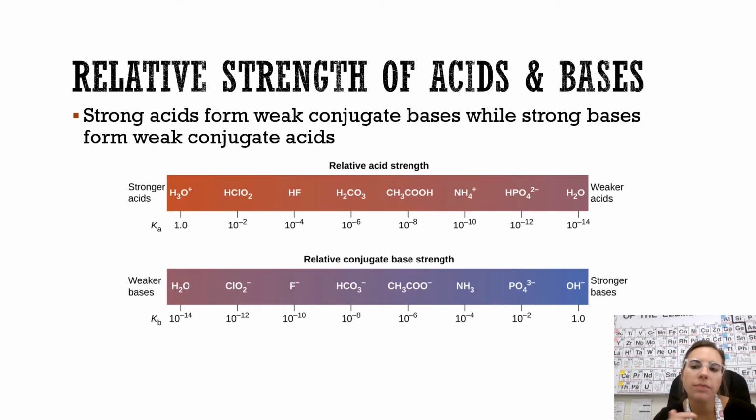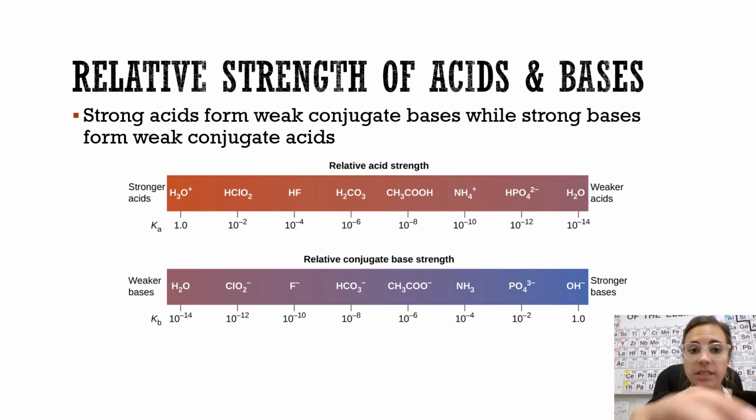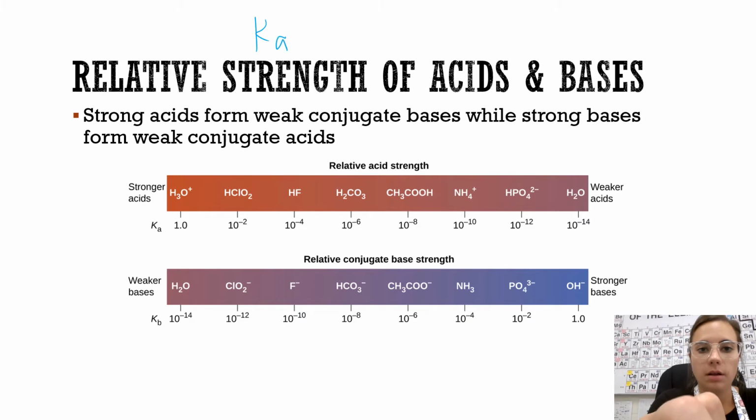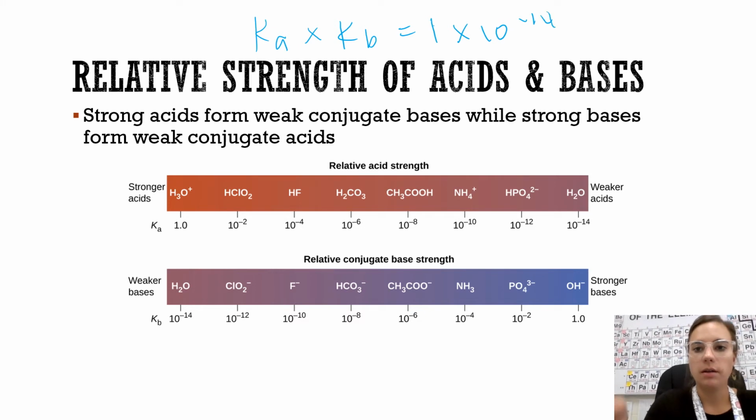So something you should notice is that every time I multiply Ka times Kb, it always equals 1 times 10 to the negative 14. It's a constant, as long as we're at 25 degrees. So as one value goes up, the other must come down.